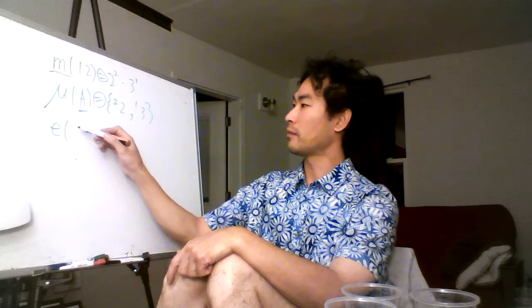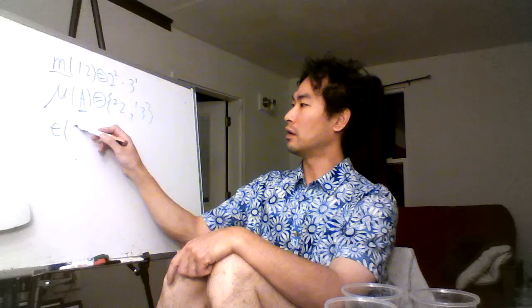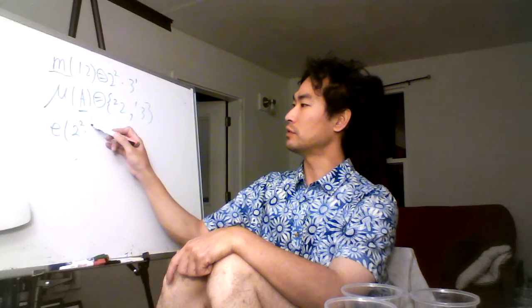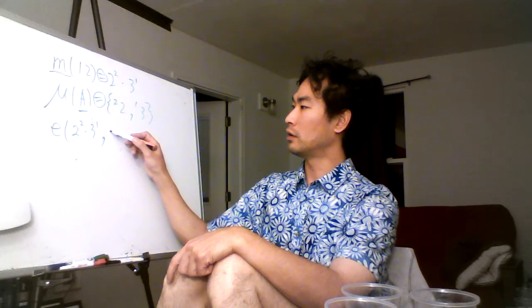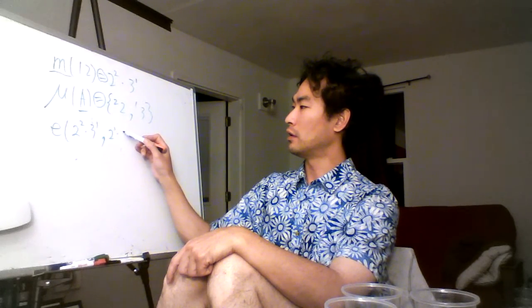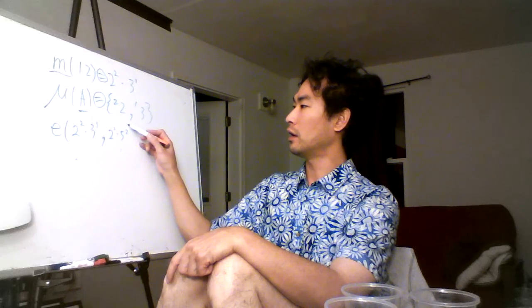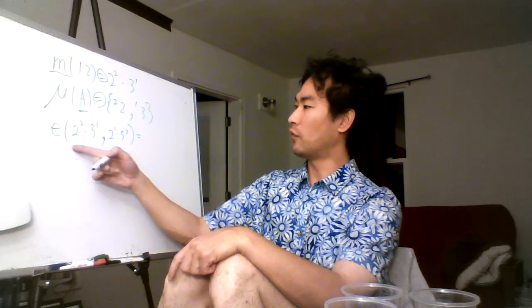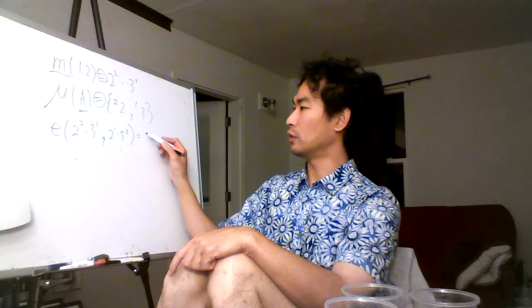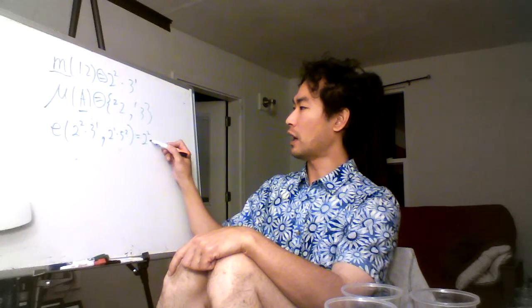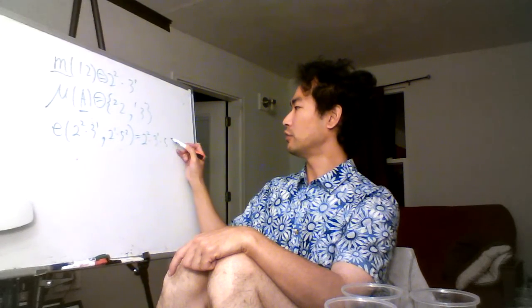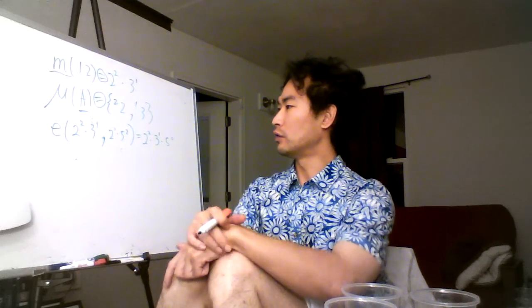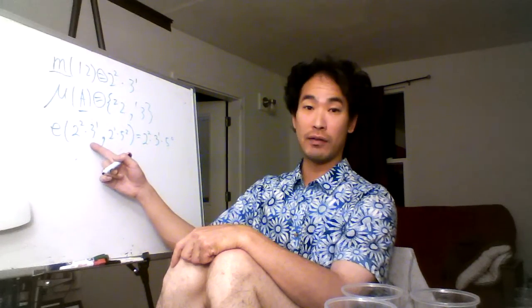You have 2 to the second times 3 to the first, comma, toward, let's say, 2 to the first times 5 to the second. Then you are expanding the first element toward the second element. So this is 2 to the second times 3 to the first times 5 to the 0. You are including numbers that you don't have, but the other one has.